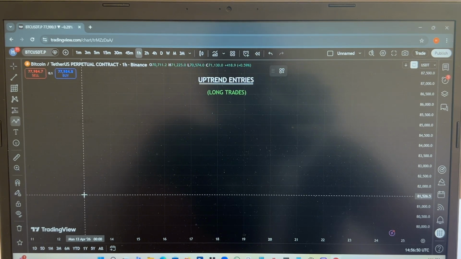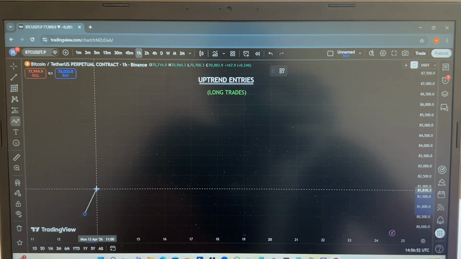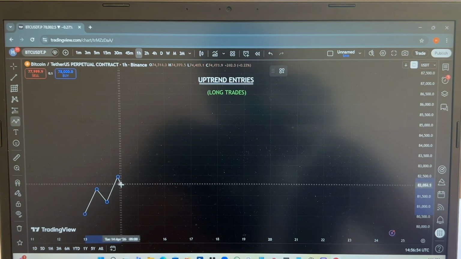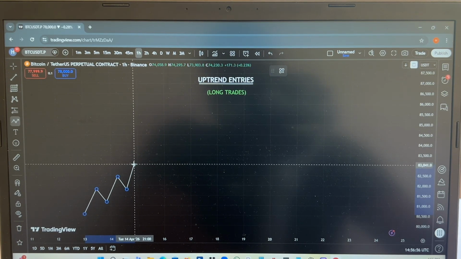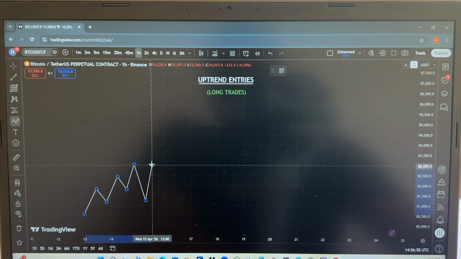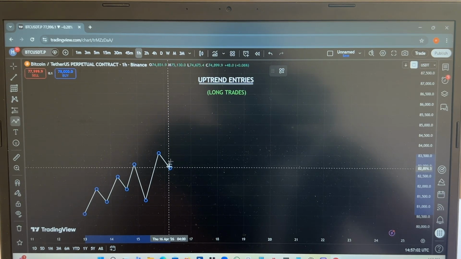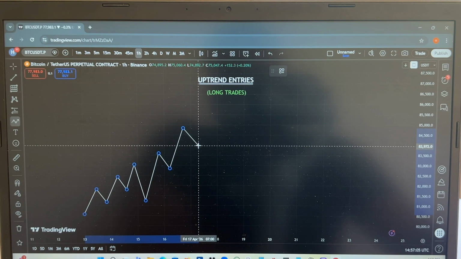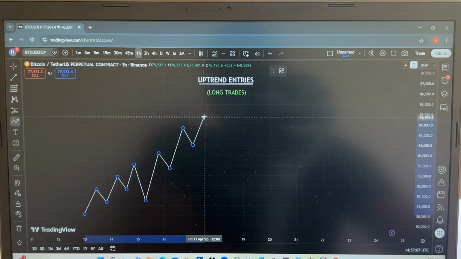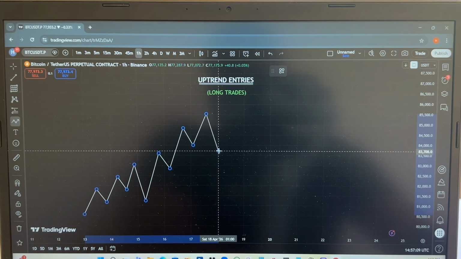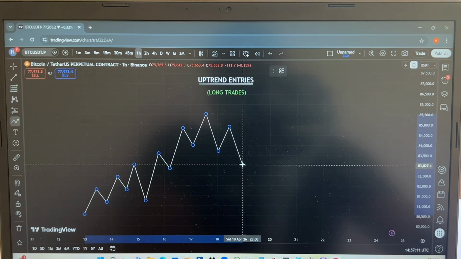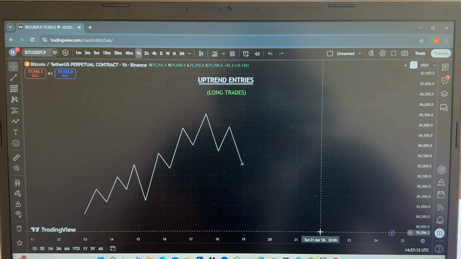So when the market is making higher highs and higher lows, it's going to eventually make a confirmed BOS, and then it's going to go up, and at some point it's going to give us a confirmed change of character. Okay, right.